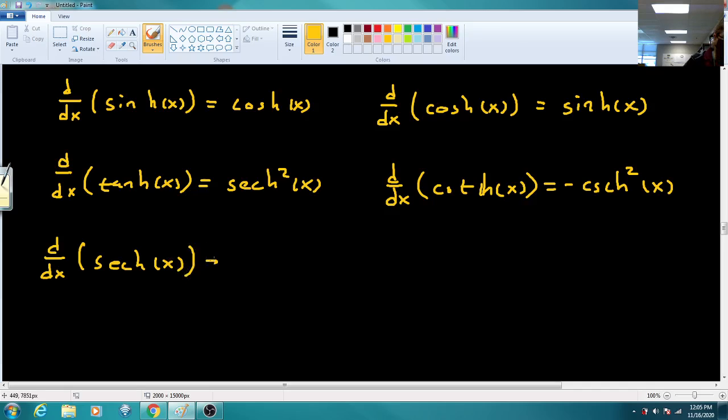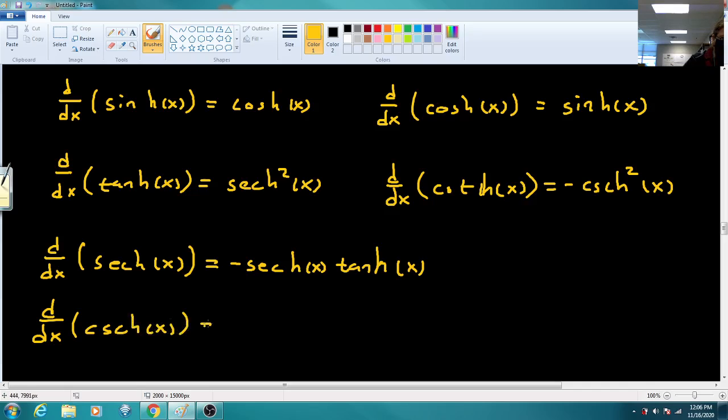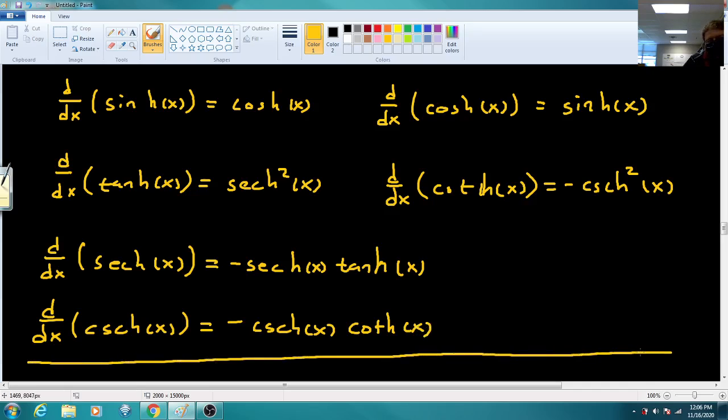So hyperbolic secant's derivative is negative hyperbolic secant of x times hyperbolic tangent of x. Its sign is different from what you'd expect. And cosecant is also negative. Okay, so here are our 6 hyperbolic trig derivatives.